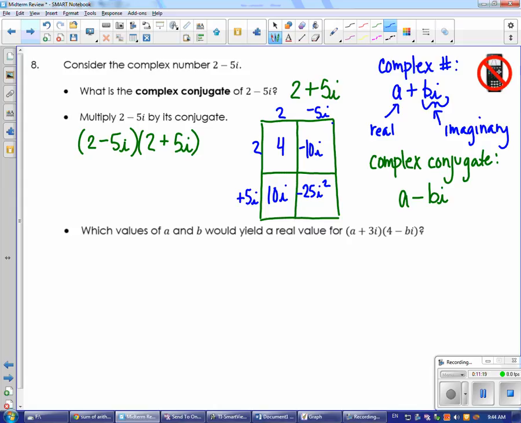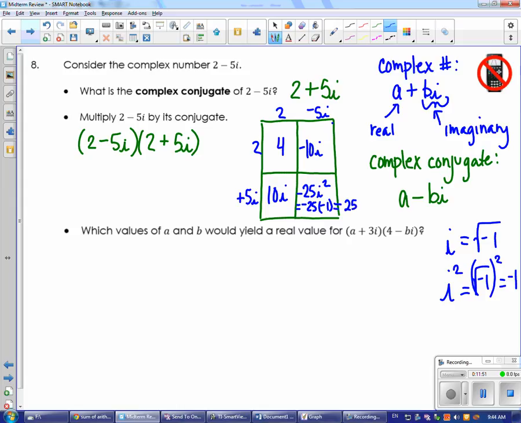And one of the things you also want to remember with complex numbers is that i is the square root of negative 1. And if I have i squared, that means I'm essentially squaring the square root of negative 1. So the square and the square root undo each other, and i squared then is equivalent to negative 1. And that's important because that makes negative 25i squared the same as negative 25 times a negative 1, which becomes a positive 25.